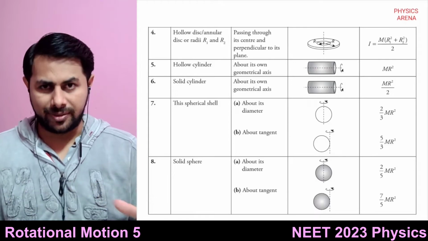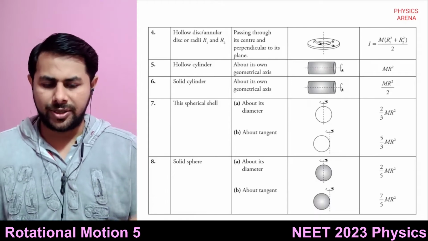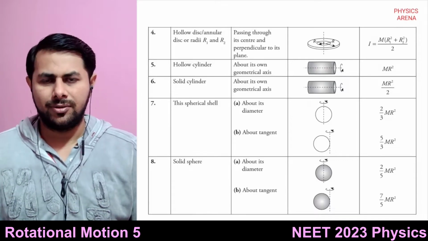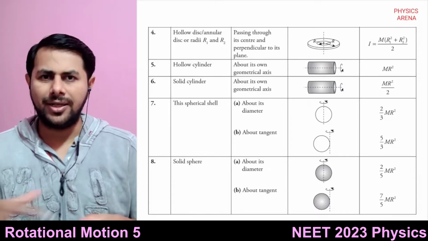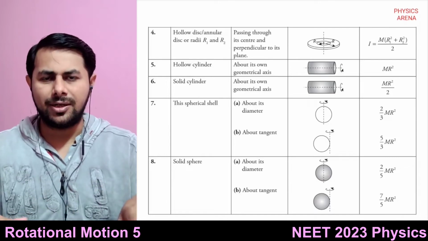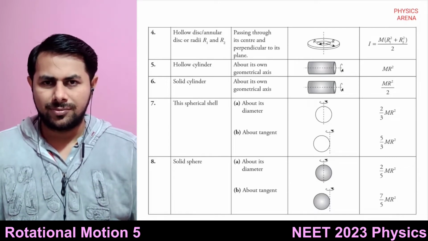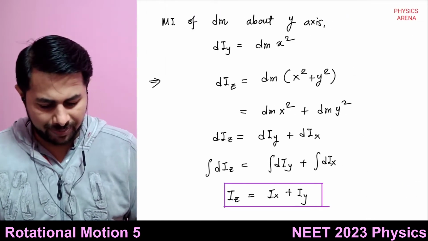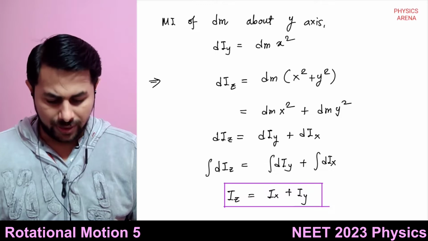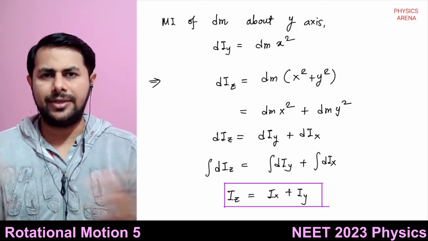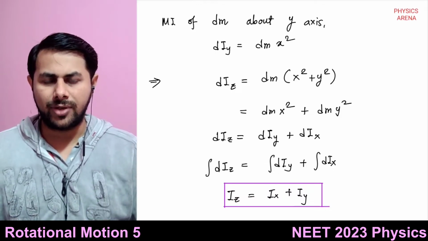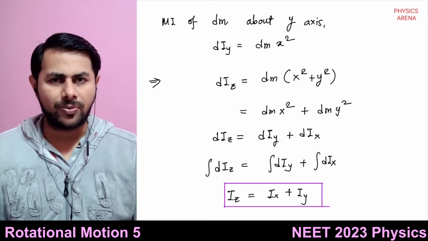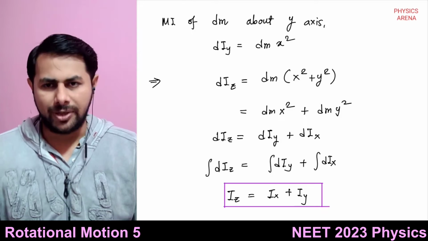For example, if you take a page and cut it into a triangle or any irregular shape, it will still be a laminar body. Got it? So the perpendicular axis theorem will be applicable for laminar bodies only, not for any extended or thick body, not for a cylinder, not for a sphere.